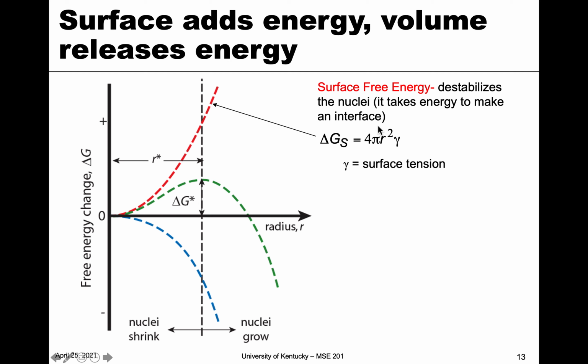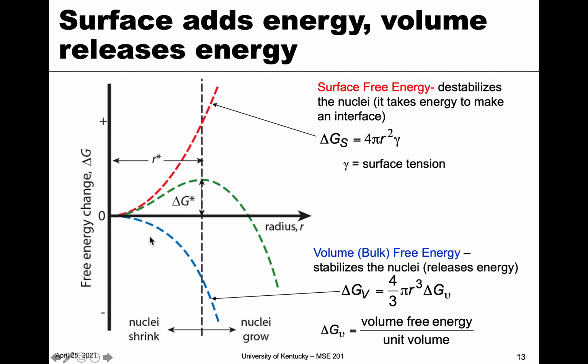And so the surface free energy can be related to 4 pi, the radius squared of the particle, multiplied by the surface tension between these interfaces. The other part that is stabilizing or favorable to the system is what we call the volume or bulk free energy. This is the free energy behind the formation of this new solid phase, which again we know is favorable based on the fact that we're below the equilibrium temperature.